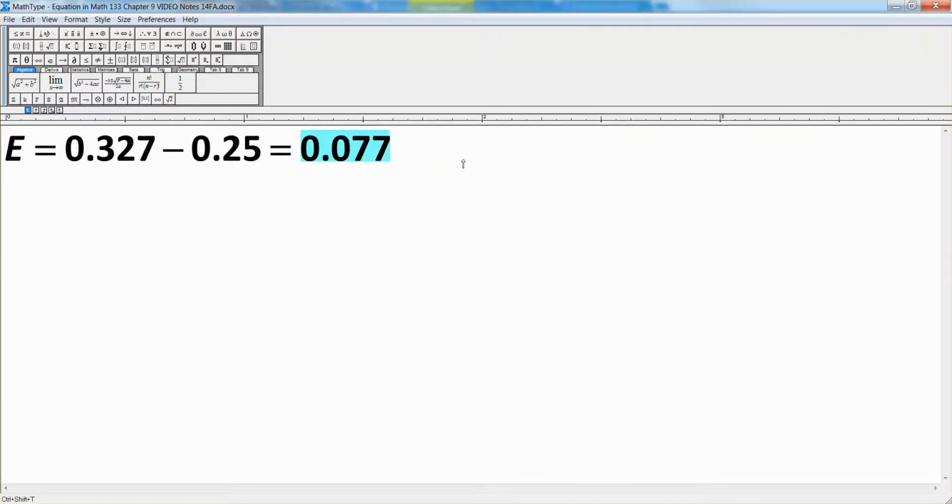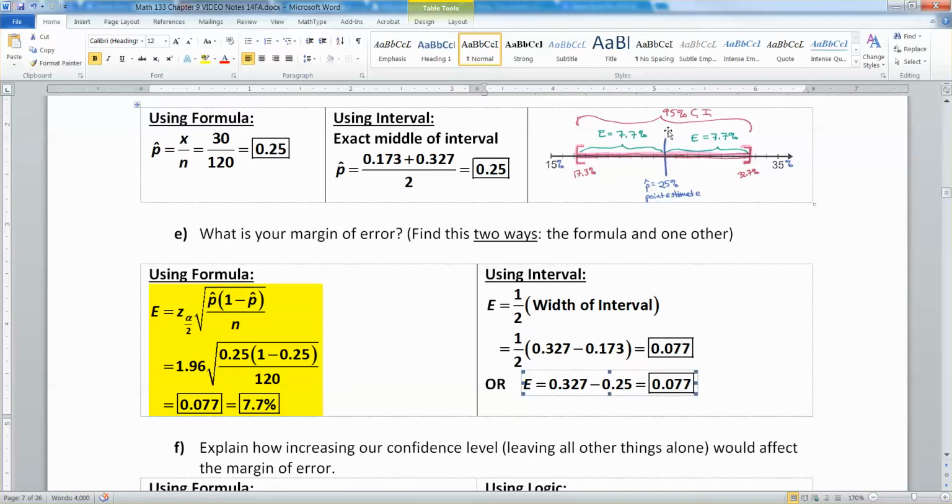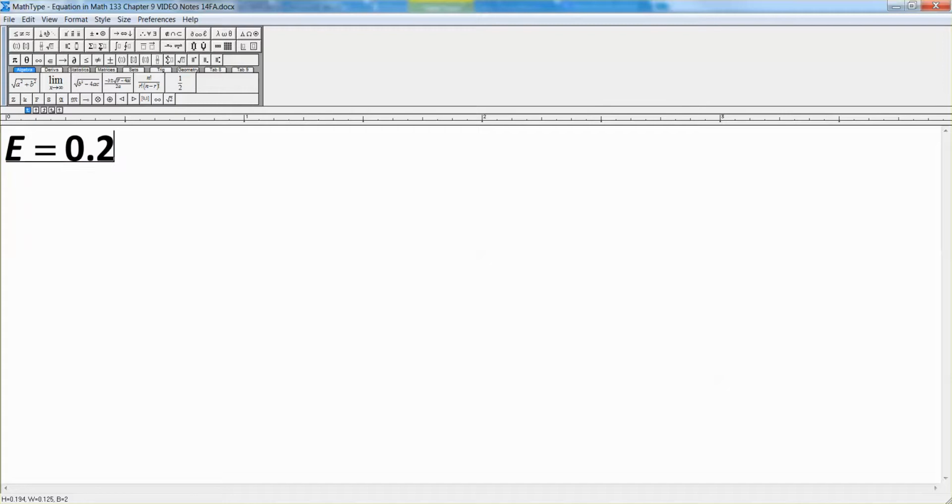And there's another way as well. You could also take the blue center, which is 0.25, and take away 0.173. So let me write that. Or error equals 0.25, take away 0.173, which will be 0.077 as well.